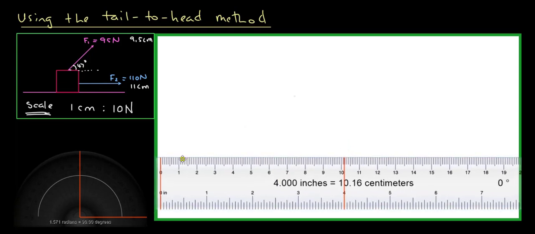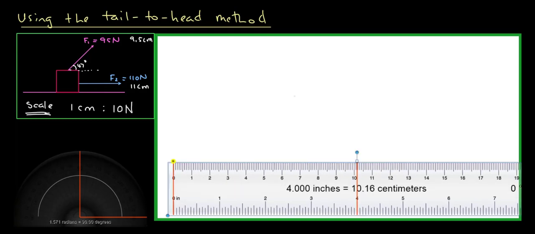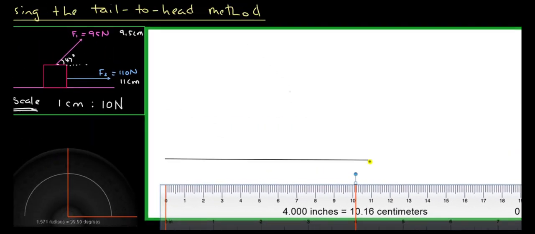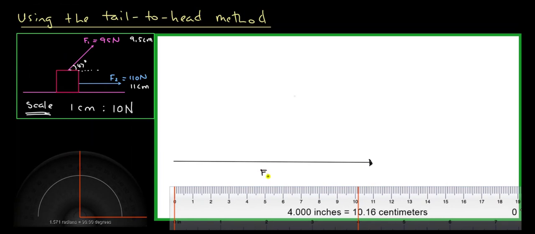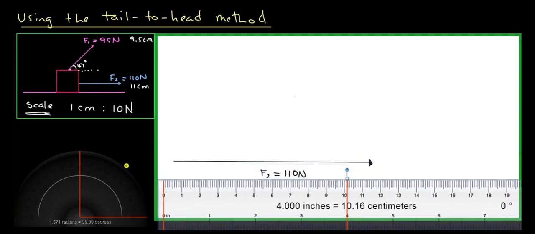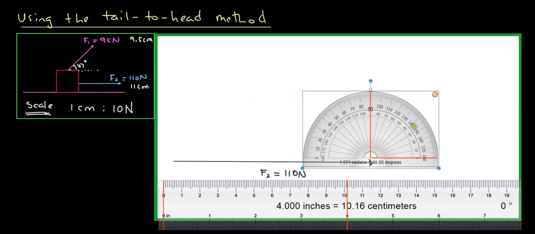The length of this F2 is 11 centimeters, so I must start from this particular point all the way to 11 centimeters, up to this point. Alright, so this is my F2 vector, which is 110 newtons.